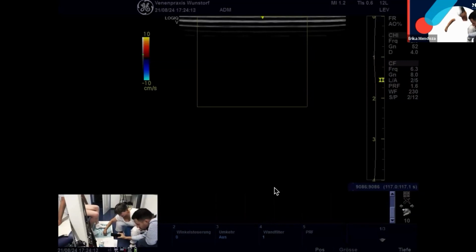Yes, we have the perforating vein, and we will close this one, the flow will go up here. So we don't even have to close the perforating vein, because we have to circulate the blood upstairs. Yes, this is a very seldom situation.